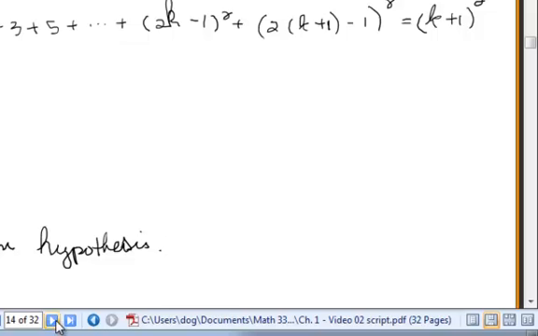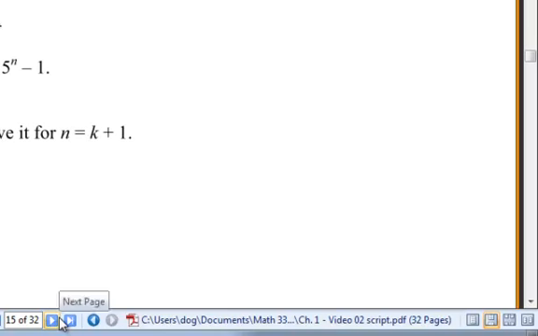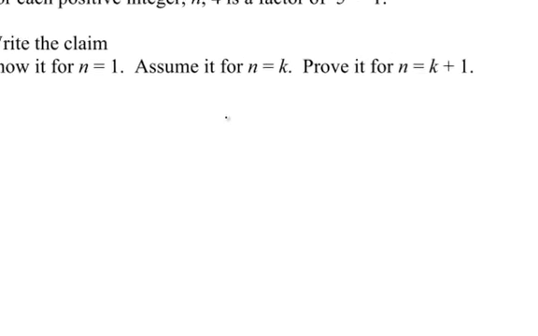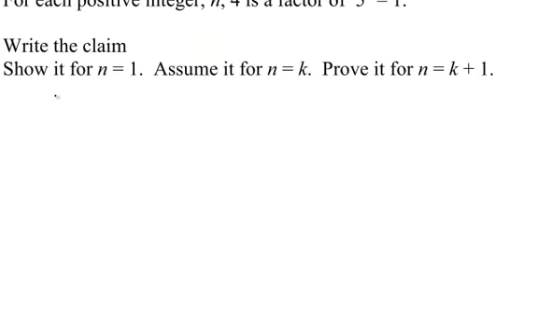Okay. Here's another example. This is from the book. It's problem 1G, page 34. I'm going to take it further than the book did. For each positive integer n, 4 is a factor of 5 to the n minus 1. Okay, well, I'm going to write the claim in math talk.